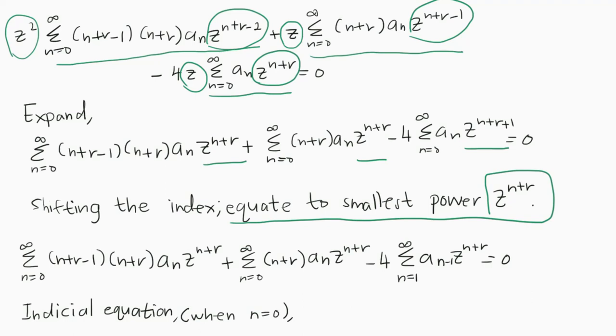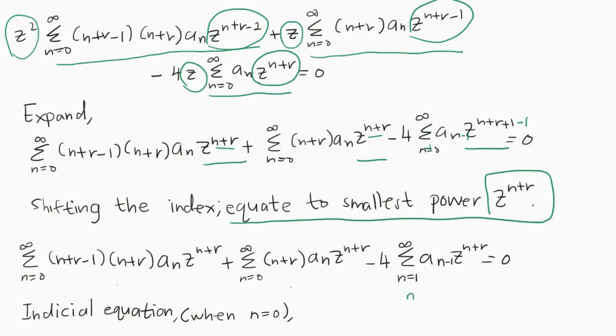So nothing will change for the first term and the second term because the power is already n plus r. But for the third term, it will be the summation of n equal to 1 to infinity of a_(n minus 1) z to the power of n plus r, since we need to subtract 1 from every n in order to get z to the power of n plus r.